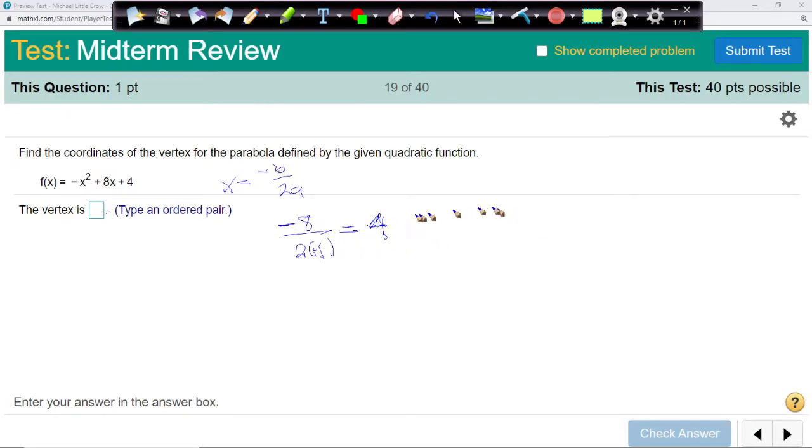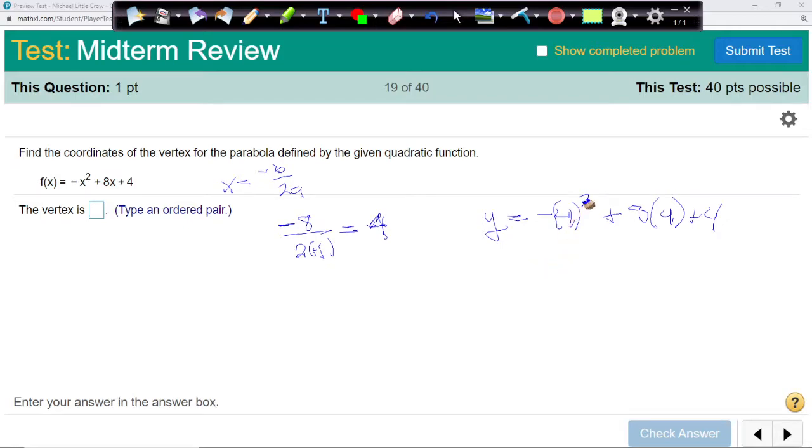To get the y coordinate, you have to plug that in for x. So y equals negative 4 squared. The negative comes on afterwards, it's outside of this. Plus 8 times 4 plus 4.